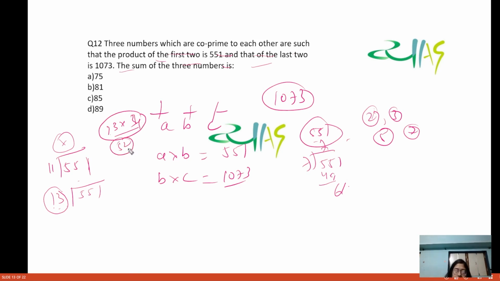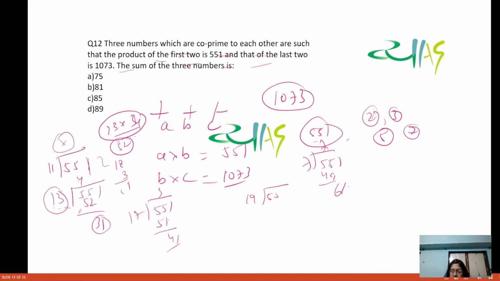This will become 52. Then you have 31 still not going. Let's check by 17. 17 3 times is 51. Okay, 17 3 times is 51. So this will become 41 again, not divisible by this as well.